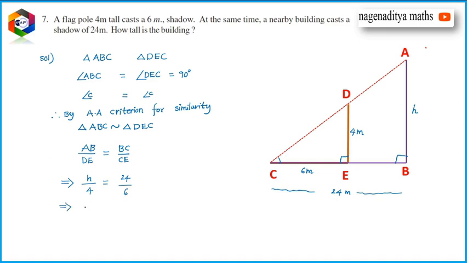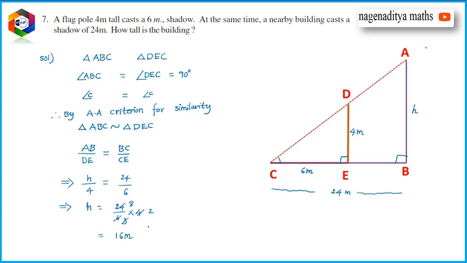Okay. Now that implies H is equal to, bringing 4 to the right hand side, 24 by 6 into 4. H is equal to 24 by 6 into 4, and 2 cancels 3 times and 2 times. 2 how many 3 how many times? 8 times. So 8 fours are 16, so this is 16 meters.